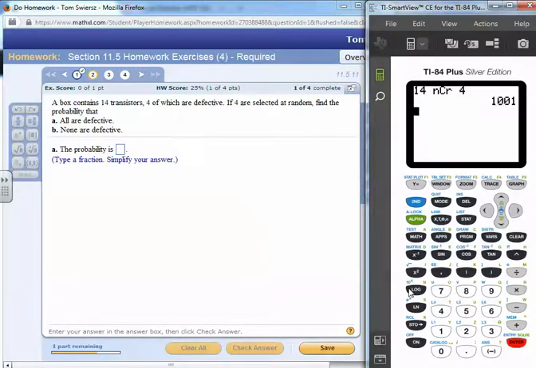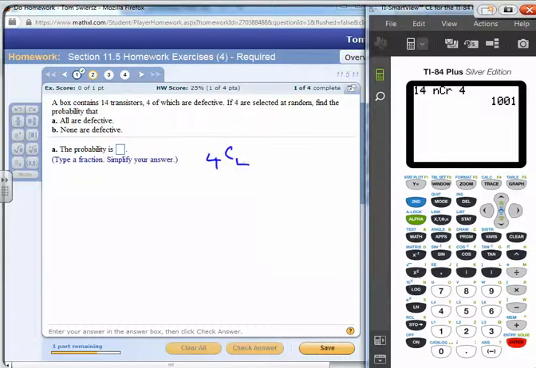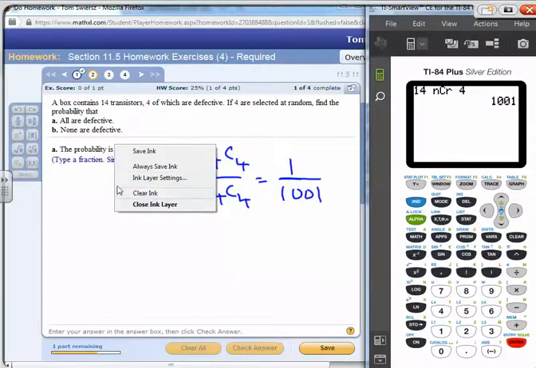So remember now what we had was the numerator 4C4 over 14C4, so it's 1 over 1,001, okay? So there's your answer for the first one, 1 over 1,001. Let's go ahead and put that in.